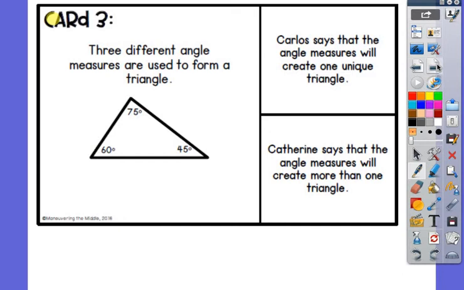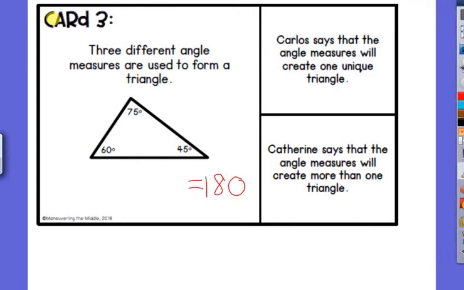But I always need to test to make sure it actually is forming a triangle. How many degrees does a triangle have to add up to? 180. So I need to make sure 60 plus 75 plus 45 gives me 180. And I'm pretty sure it does. So Carlos or Catherine? Catherine, because that can create infinitely many different triangles.